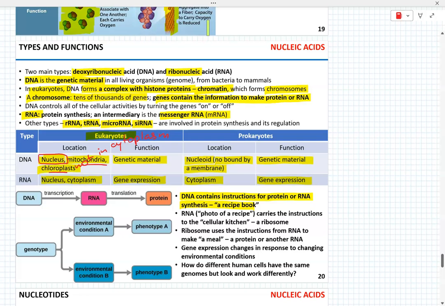I call it the recipe book. You don't carry the entire recipe book to the kitchen. You just take a little photo of the recipe that you need to produce. RNA serves as the photo of the recipe. This photo of the recipe carries the instructions to the kitchen of the cell, a ribosome, which uses the instructions from RNA to produce a meal, an actual protein or another RNA.